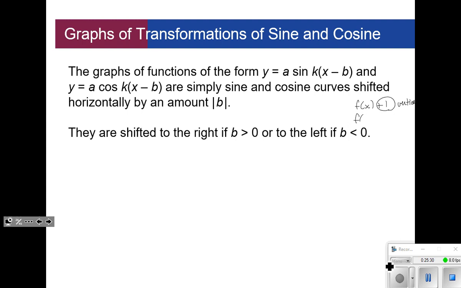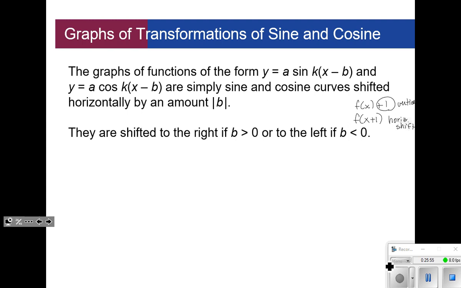If we had f of x plus 1 inside the function, it's horizontal shift. If it's inside the parentheses, inside the sine or cosine function, it's a left or right shift. That just means instead of starting at 0, 0 or 0, 1, it's going to be shifted left or right, and start somewhere else.